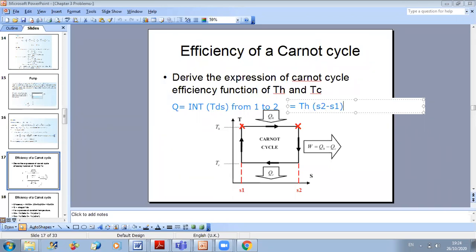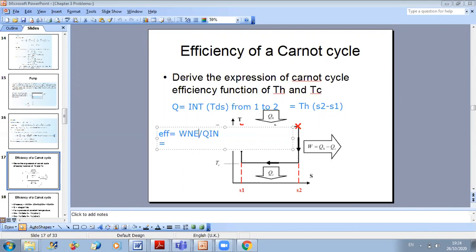Okay, now what is the definition of efficiency? Efficiency is work over Q inlet, Qin. So I can say that efficiency is equal to the total work, W net if you want, net work, okay.